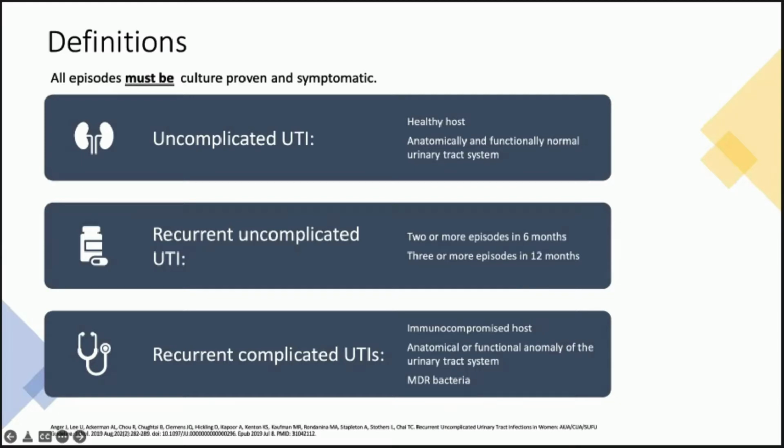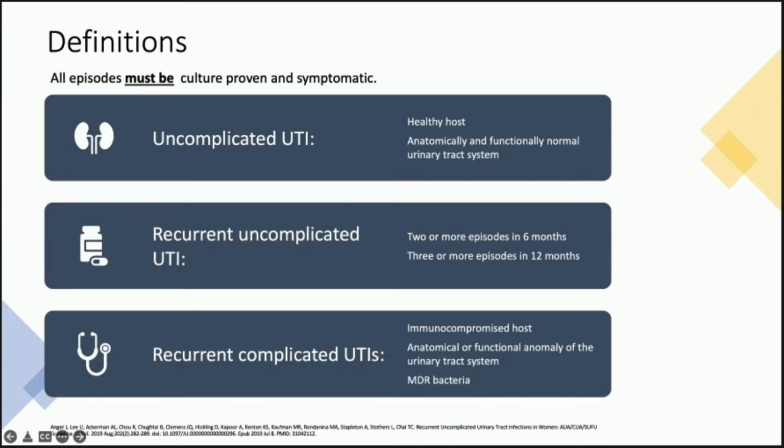When we talk about an uncomplicated UTI, this refers to an episode of acute cystitis in an otherwise healthy host that has an anatomically and functionally normal urinary tract system, meaning that they don't have a history of stones, diverticulum, or neurogenic bladder. When we talk about recurrent uncomplicated UTIs, we're referring to patients that have had 2 or more episodes of UTI in the last 6 months, or 3 or more episodes in the last 12 months.